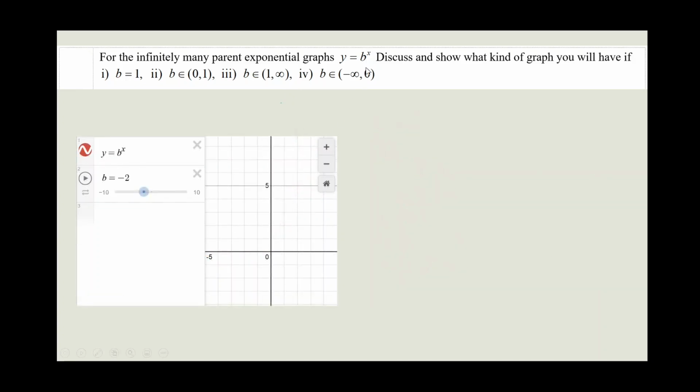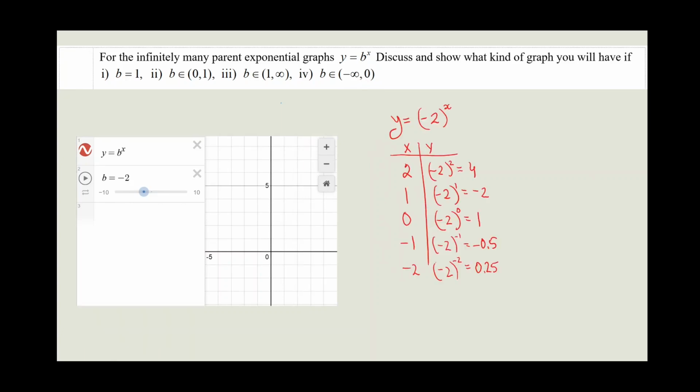Finally, what happens if the base happens to be negative, below 0? To take a look at that, again, let's choose a number that's below 0. So for example, negative 2 as the base, power x. Choose some positives for the x, some negatives, and a 0. Put them into the equation to find out your outputs. Then plot them.